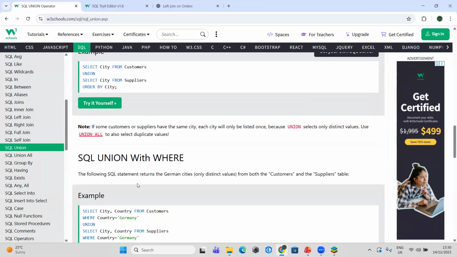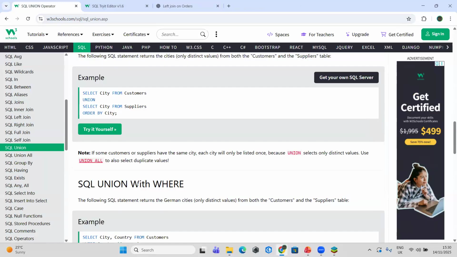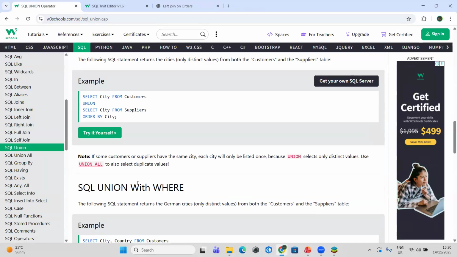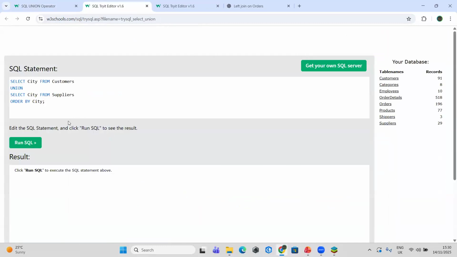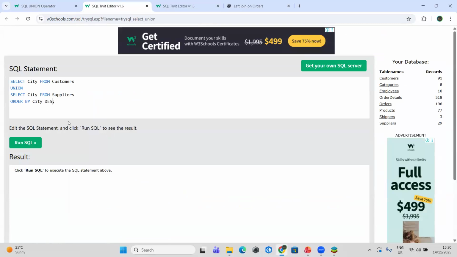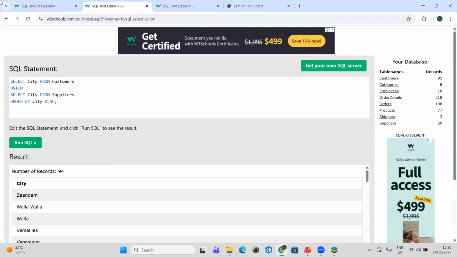Order by is ascending by default. If after city you write the word DESC, descending, it will go in descending order.